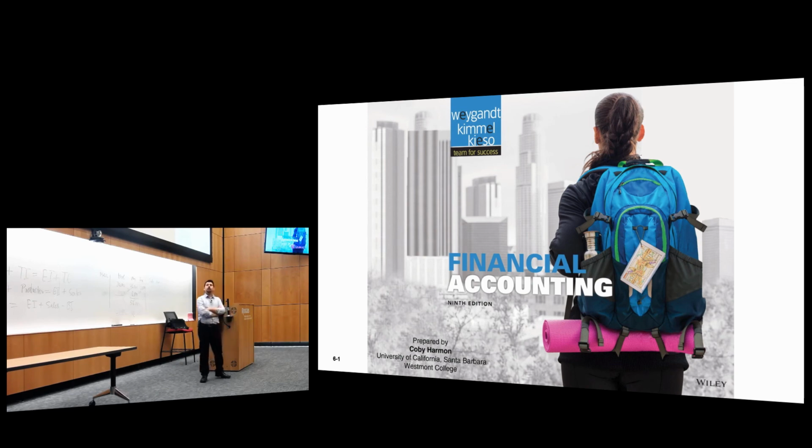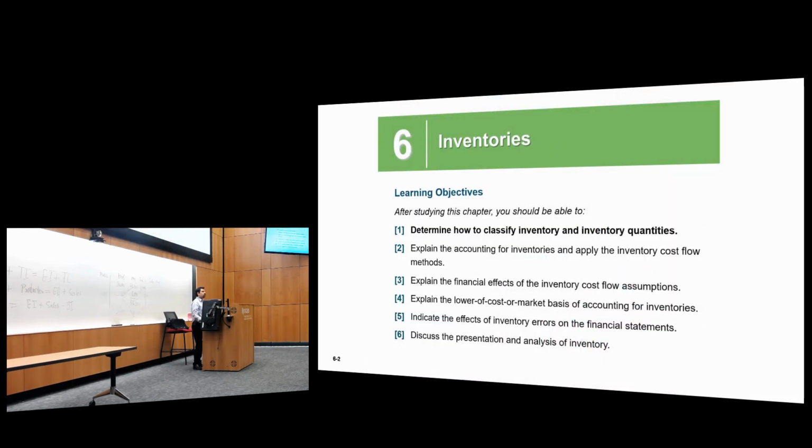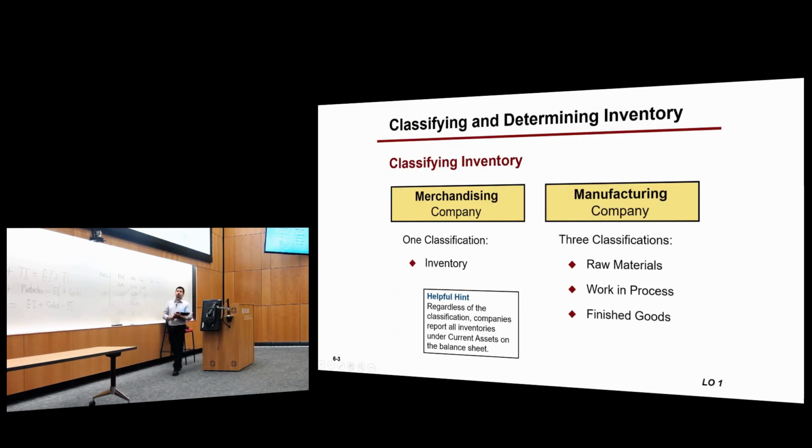This is why companies need some kind of a mechanism to calculate the cost of those goods that were sold. Okay? And in this case, the company will use different methods, depending on their own policies.